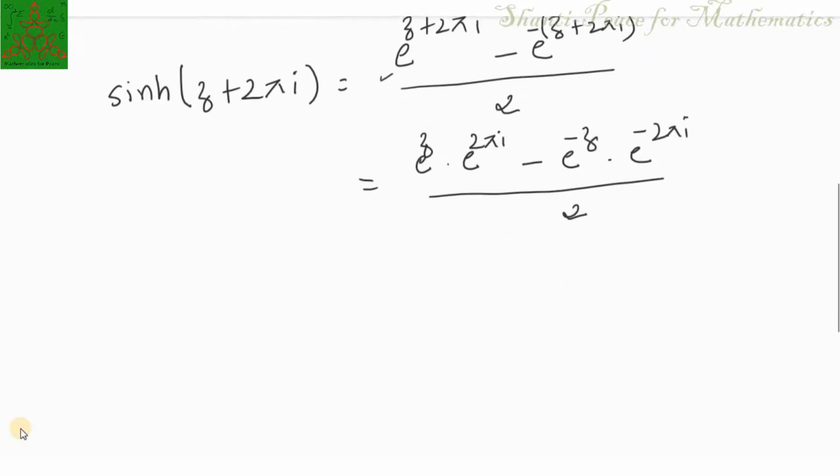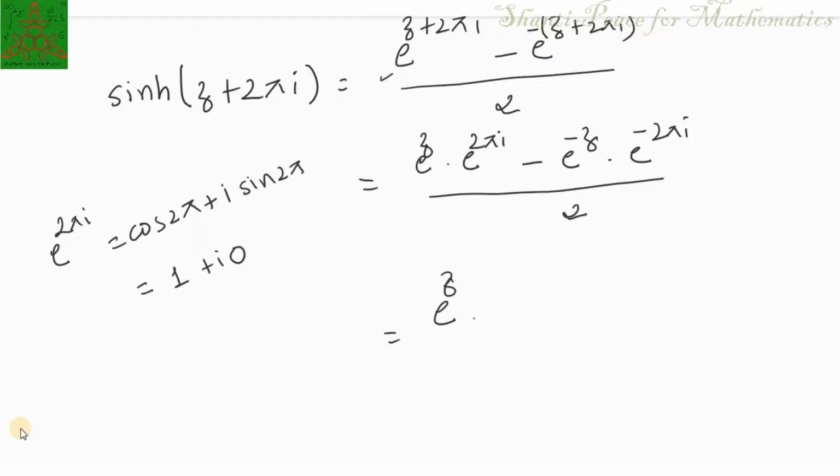So that will give me e power z, and e power 2 pi i as per Euler's identity we can write as cos 2 pi plus i sin 2 pi, and cos 2 pi is 1 and sin 2 pi will be 0, so this will be 1.